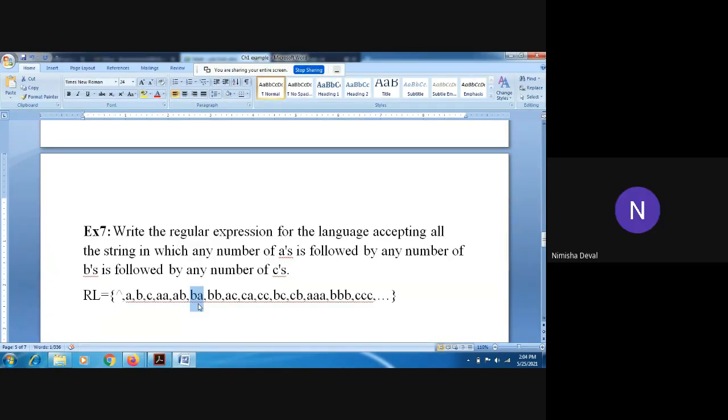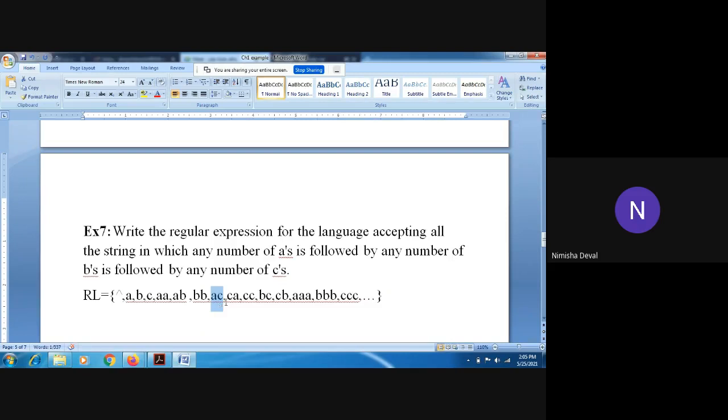Correct. BA is not allowed because we have changed the sequence. We have written it in the format of B followed by A. That string is not acceptable, so remove it. Then BB is allowed, right? Because any number of B's are allowed. So AC is also allowed, because zero occurrences of B will be there.